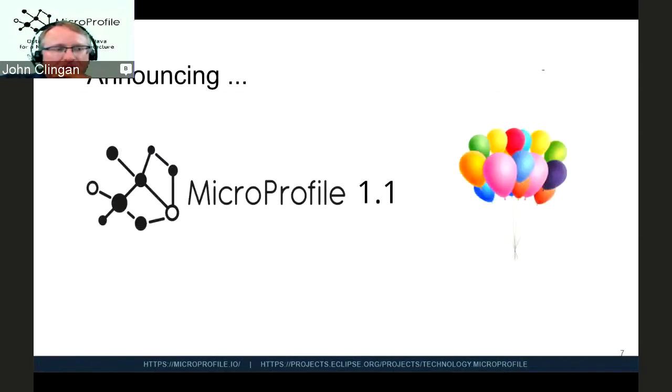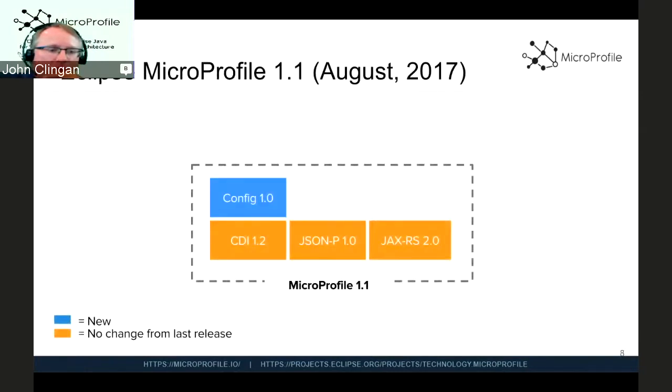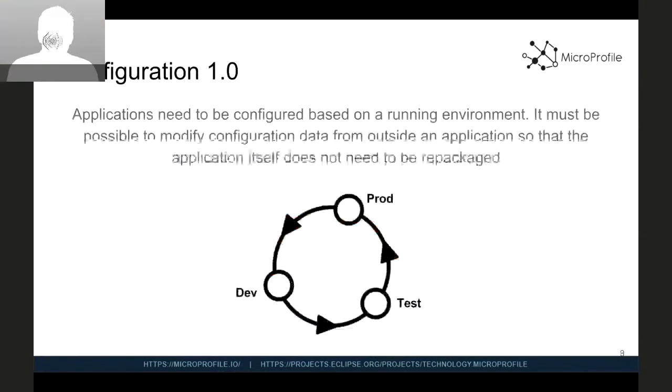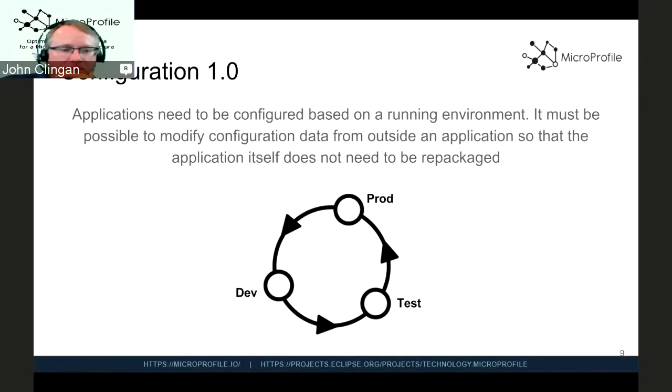So at this point, what we'd like to announce is 1.1. With MicroProfile 1.1, we're adding the configuration API. The configuration API is all about externalizing configuration from an application. If you think about traditional application development, this has always been a pain point.